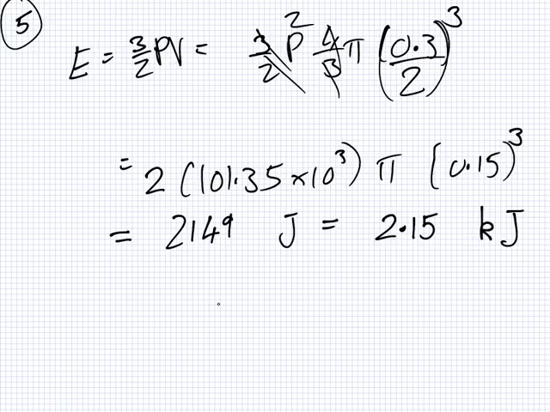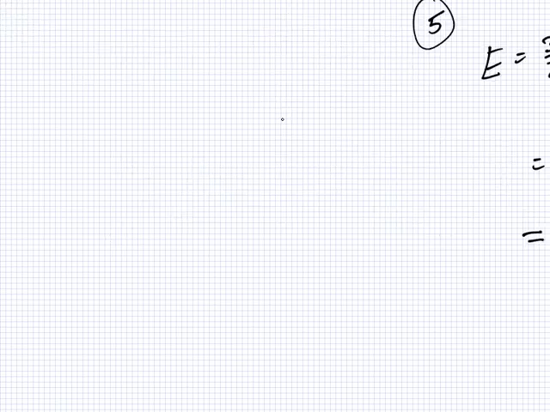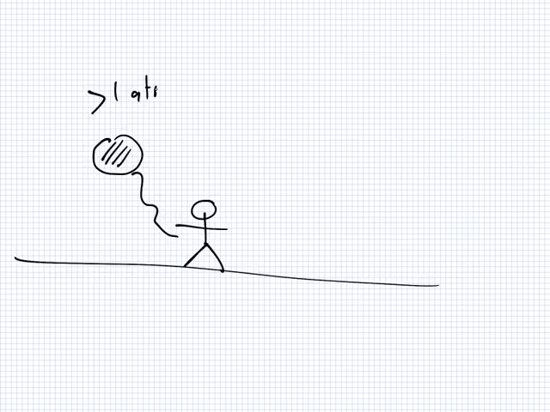Okay, so you said that the pressure is 1 atmosphere because there's my balloon and there's me. If the pressure here was more than 1 atmosphere, but this is 1 atmosphere, then the balloon would get bigger.